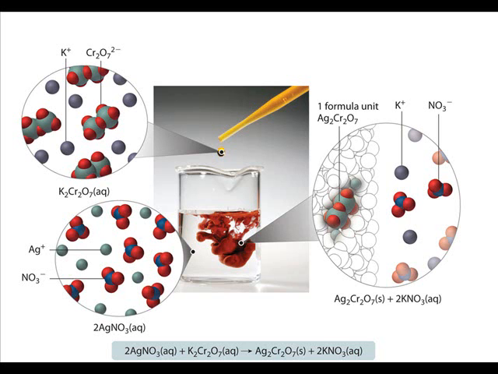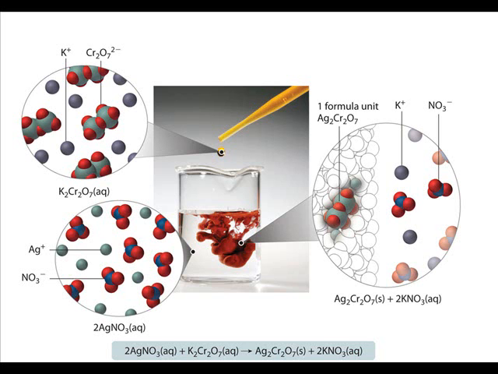Now, how did that happen? Well, it turns out that when you mix those two solutions, the potassium dichromate and the silver nitrate, two ions come in contact with each other that weren't in contact before. Notice on the right, the silver, Ag+ I should note, is attracted to the dichromate, 2-.